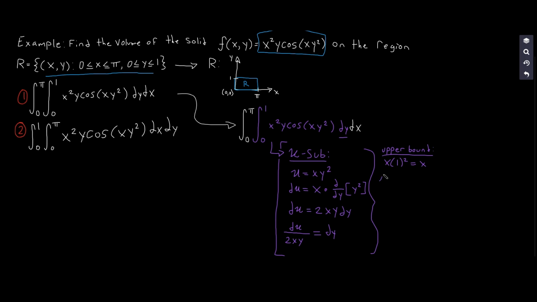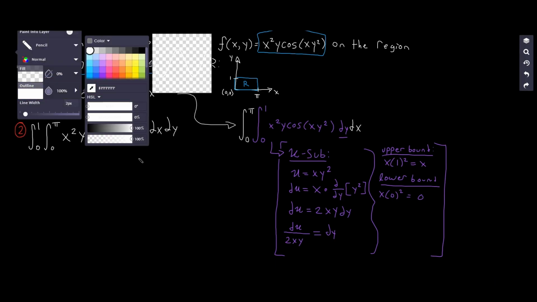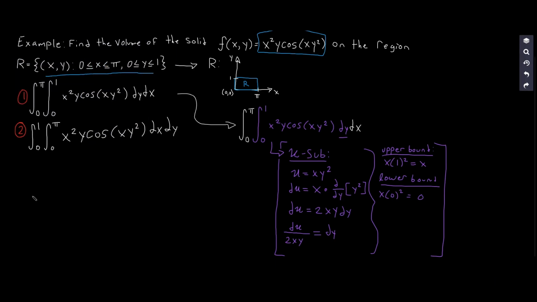And then for the lower bound, it's going to be x times 0 squared, which is just going to be 0. So let's do this. I'm drawing a barrier.